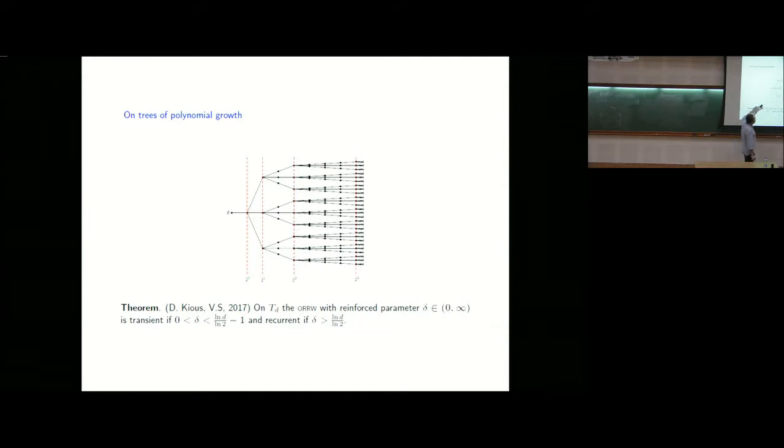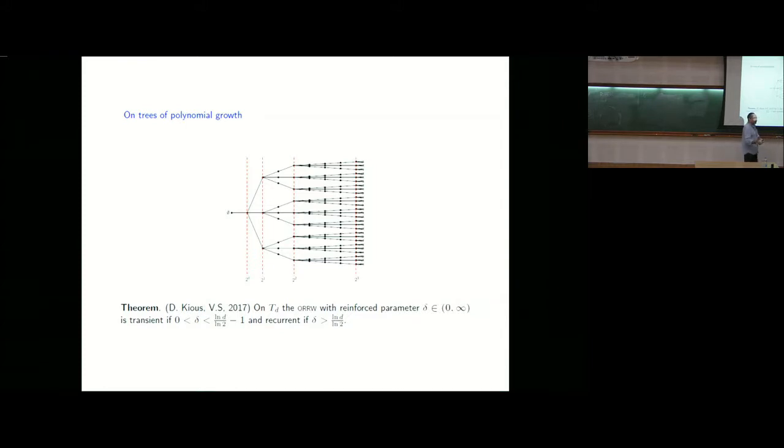And I'm not sure you can see. So how this tree is constructed: you take a sequence of numbers, this is 0, 2, 4, powers of 2, and you will be allowed to branch only at points which are powers of 2.